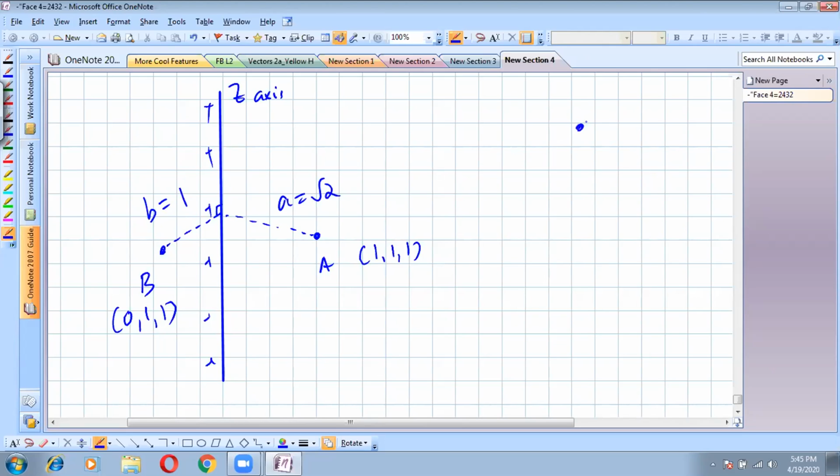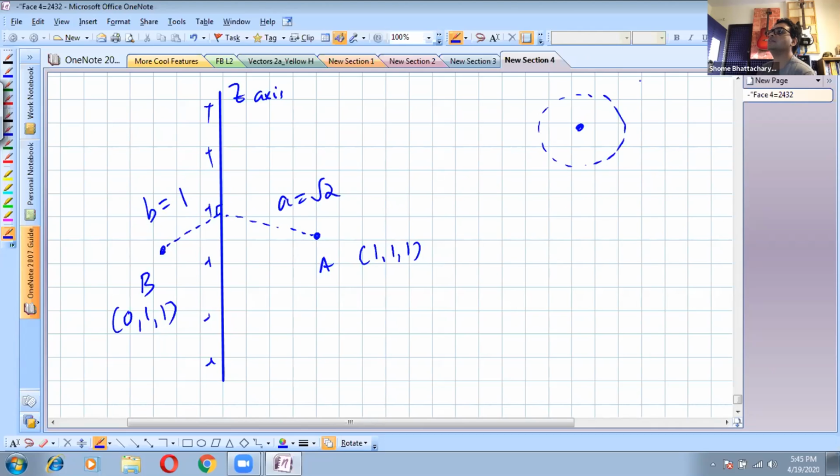If you visualize this from above, this is your z-axis. Draw a circle of radius 1 around it, and then a circle of radius root 2 around it. This is your x-axis, this is maybe your y-axis, whatever. Your point A is lying over here, at a distance of root 2 from the center. And point B is lying over here, at a distance of 1. And this is the line AB that we are talking about.